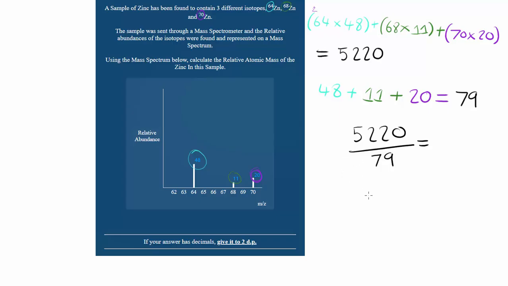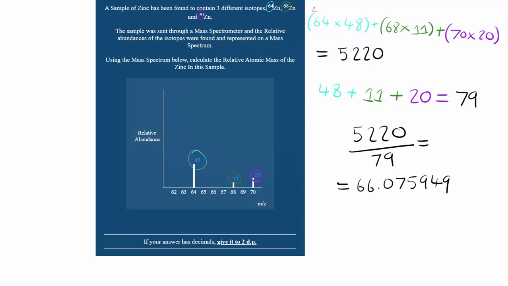We effectively get quite a long number out of this: 66.0759449, and there's a bunch of other numbers. The next number in the sequence would be a 3, but I'm just going to round it to that.